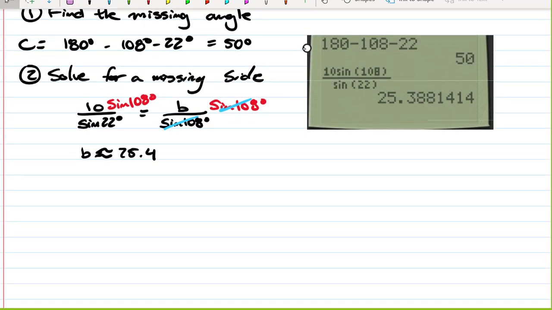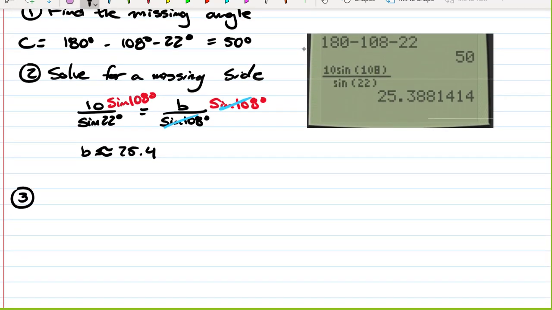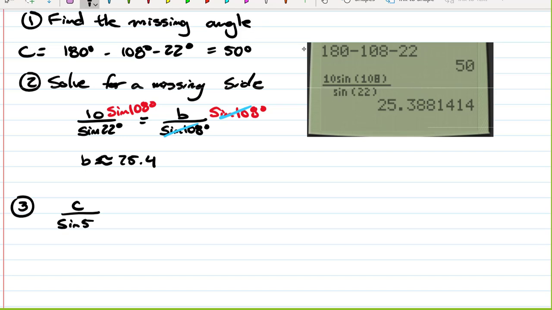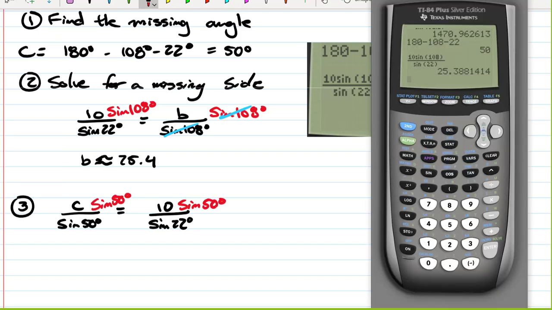And then we're going to have to rinse and repeat to find side C. So we go C over the sine of C, which is 50 degrees, is equal to A over sine A, so still 10 over the sine of 22 degrees. And this time we multiply both sides by the sine of 50. So we have 10 times the sine of 50 all over the sine of 22.